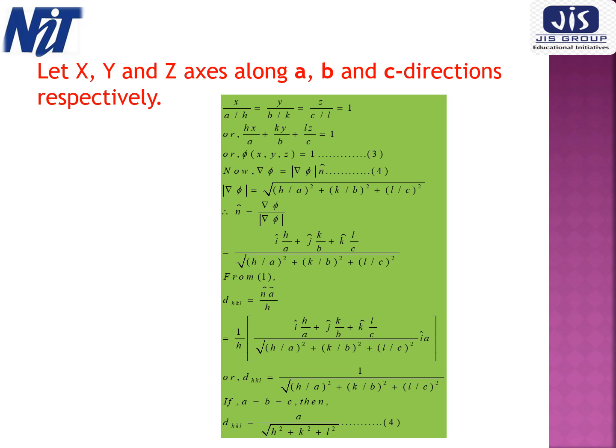So this a will come outside the under root and go to the numerator, and because of that we will get the interplanar spacing between the corresponding planes as d_hkl is equal to a by under root of h square plus k square plus l square. Now just keep in mind that h, k and l are Miller indices. So with the help of Miller indices we can find the distance between the planes, or the interplanar spacing can be determined using the Miller indices and the lattice constant a.